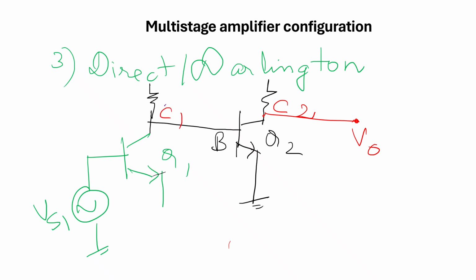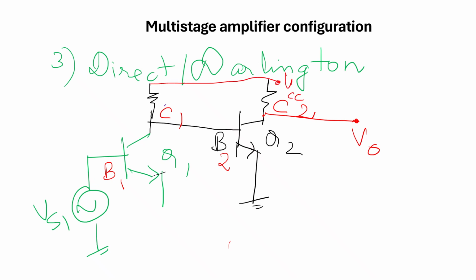I repeat again, a signal to be amplified is fed to the base of the first transistor. The collector output is taken and fed to the base of the second transistor, which amplifies and gives the output at the collector end of the second transistor.